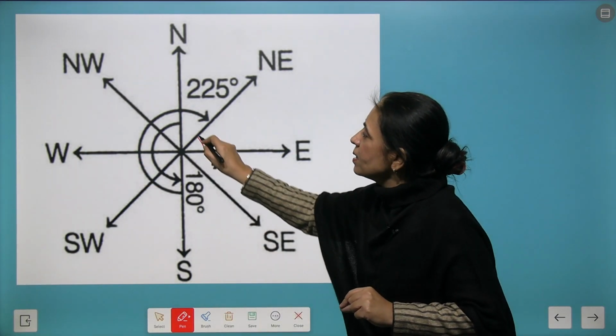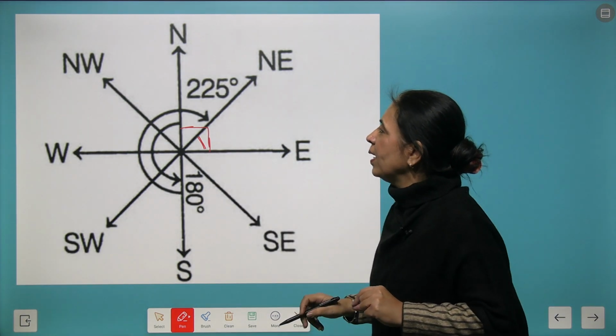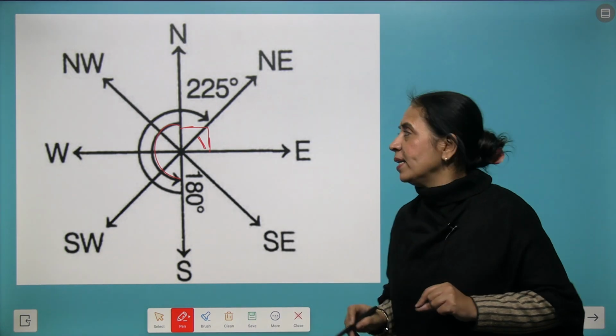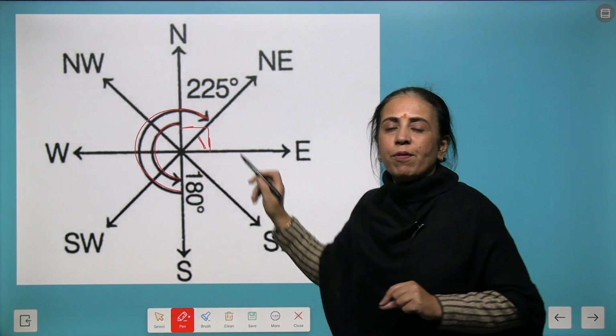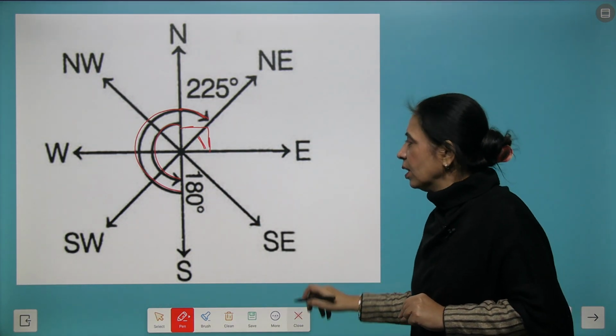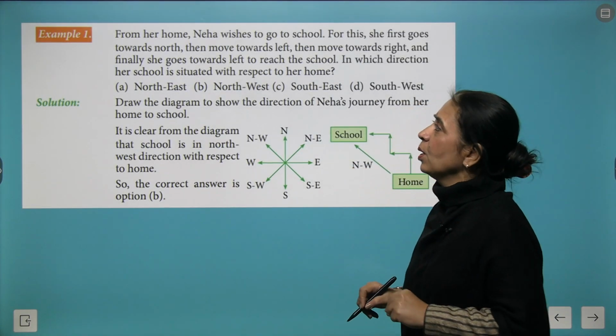So, this smallest is 45 degree. This is 90 degree, and then moving further, half turn is 180 degree, and this one half plus 45 more gives you 225 degree turn. It could be in both the directions, clockwise or anti-clockwise.